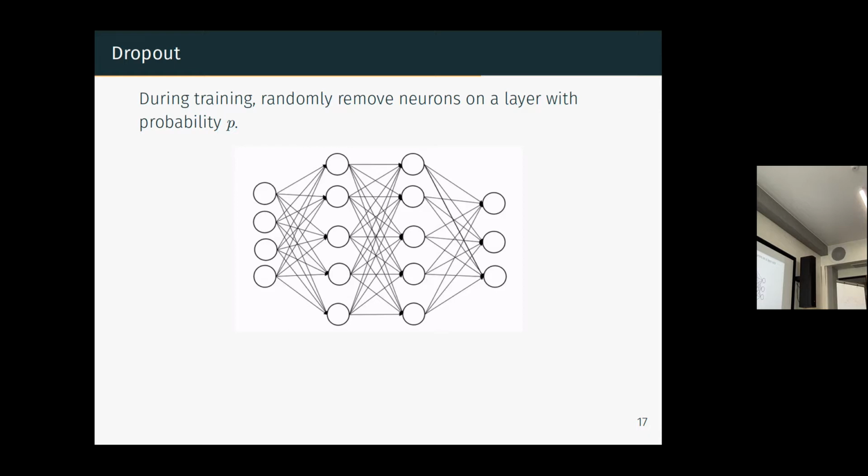If this is your total neural network, for one epoch you will remove, for example, those two neurons in red. So you cut the weights here, you keep the weights in memory, but you just don't use them. It's like putting 0 here, and you do your training on those ones. So it means that you train with some of the neurons missing from the model, right?